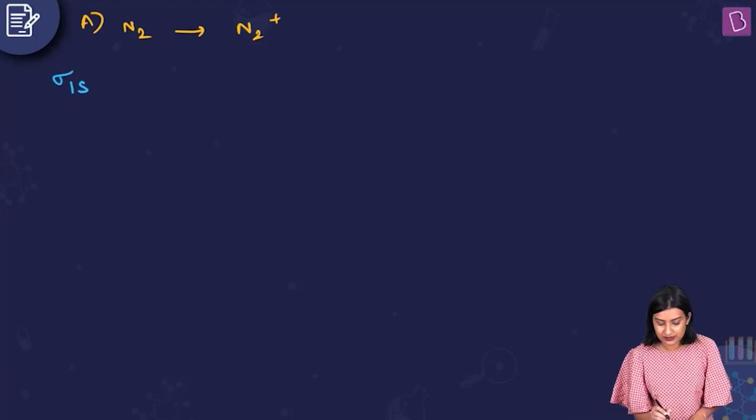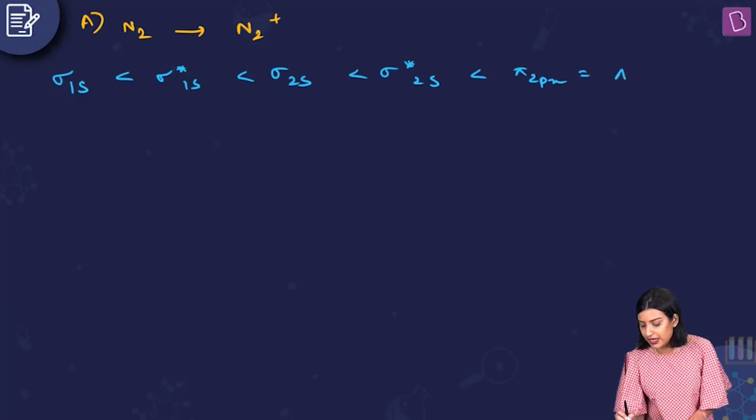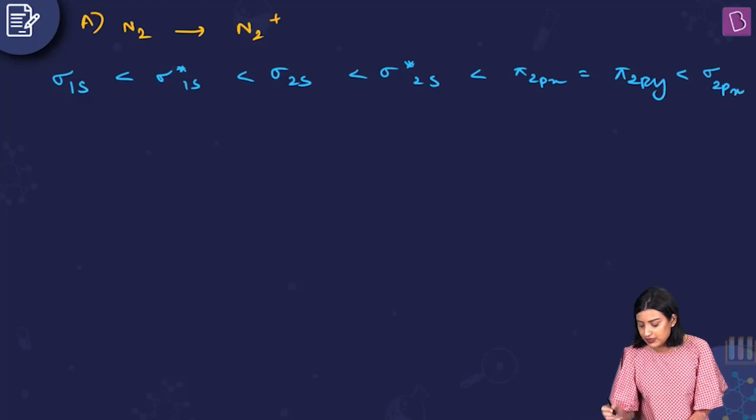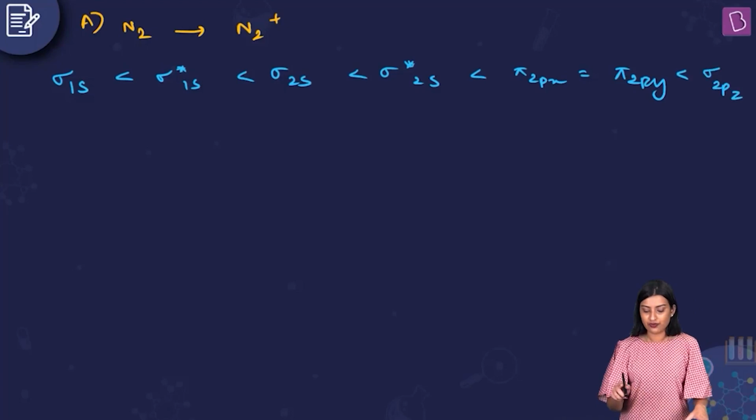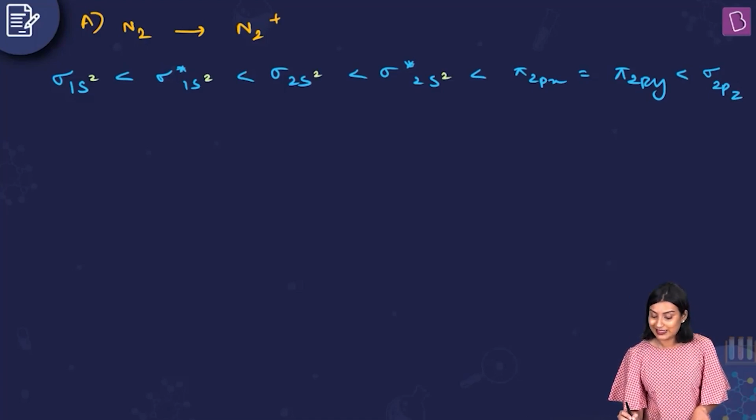We have sigma 1s, sigma star 1s, sigma 2s, sigma star 2s, then pi 2px, then pi 2py, and finally sigma 2pz. Sorry, not x, you have your z here. 1, 2, 3, 4, 5, 6, 7. All right, we have 7 orbitals, we have 14 electrons. Definitely we can fit these here. So 2, 4, 6, 8, 10, 12 and 14.